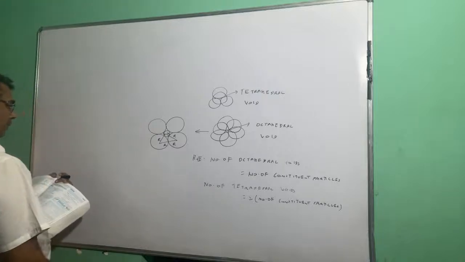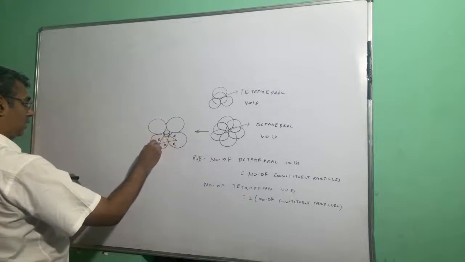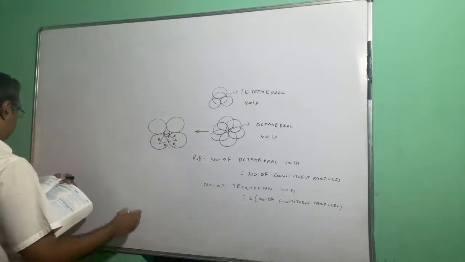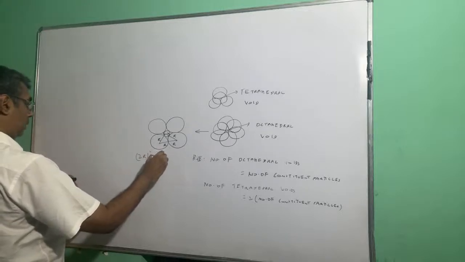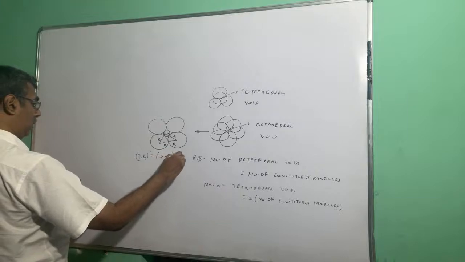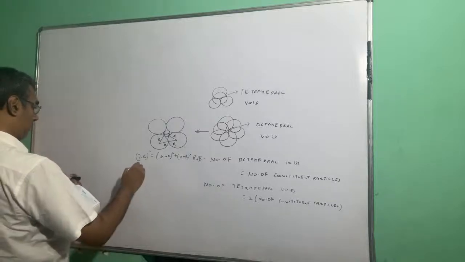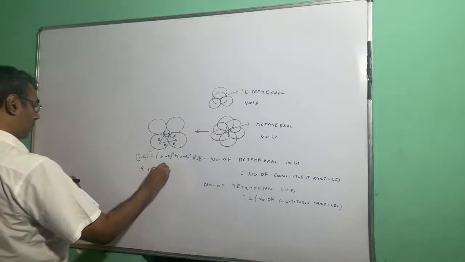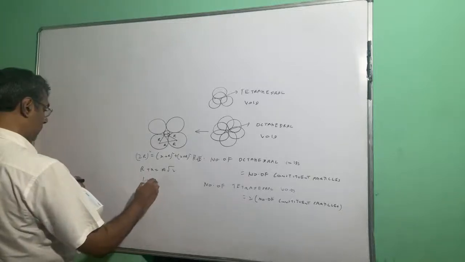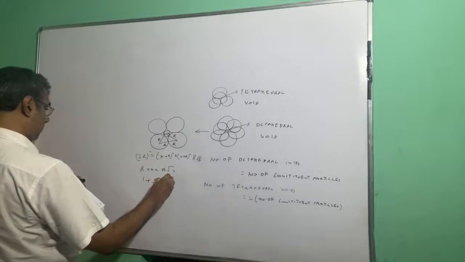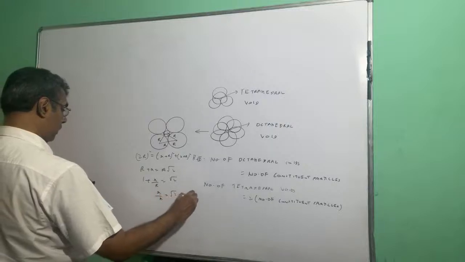From this triangle, you can see that this side is small r plus big R, this is small r plus big R, and this is 2R. So we can use Pythagoras: (2R) squared is equal to (r plus R) squared plus (r plus R) squared. So r plus R is R root 2, so 1 plus r by R is root 2, so r by R is root 2 minus 1.